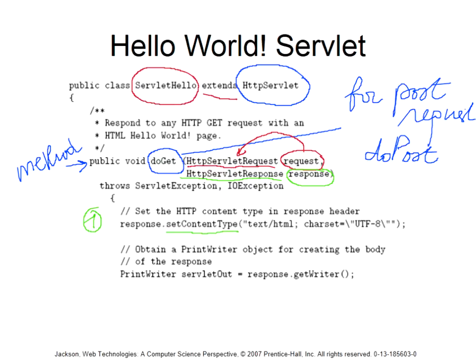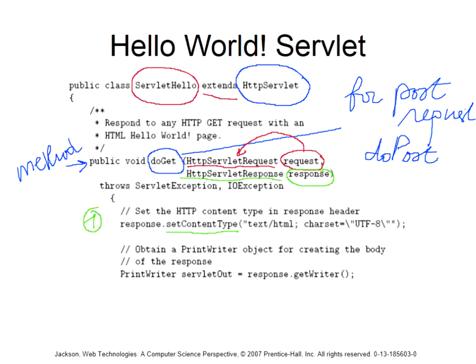So what's the meaning of it? response is an object. The class is HttpServletResponse. What's the meaning of response.setContentType("text/html")? That means when I send you a response, this response is text.